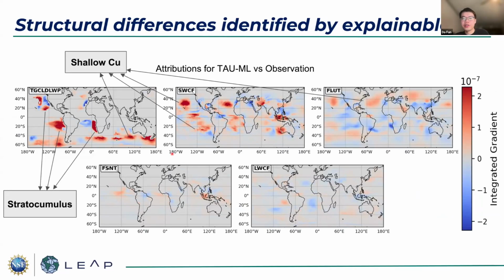So here are the structural differences identified by explainable AI for tau ML versus observations. It's basically trying to explain the latent distance between tau ML and observations. And we found strong signals, you can see the red spots in many regions dominated by stratocumulus and shallow cumulus clouds. Which are the major structural deficiencies by our analysis between tau ML and observations.